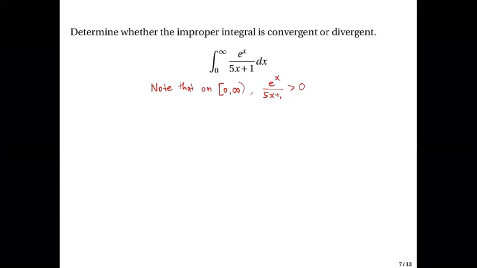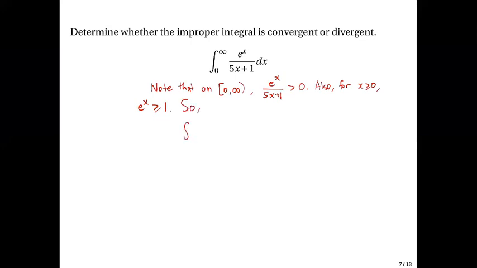Also, for x greater than or equal to 0, e to the x is greater than or equal to 1. At x equals 0, we have e to the 0, which is 1. For x greater than 0, e to the x is greater than 1.